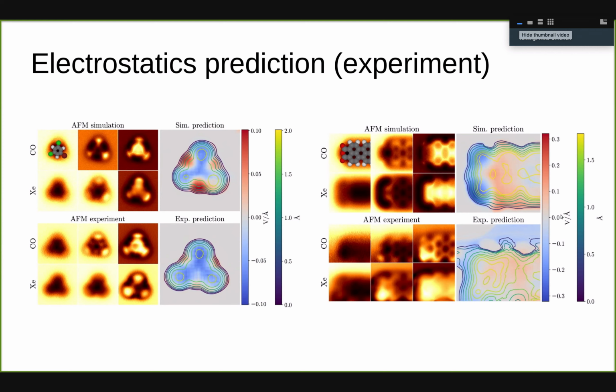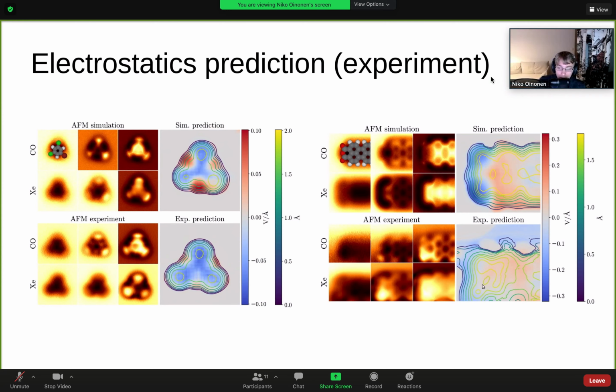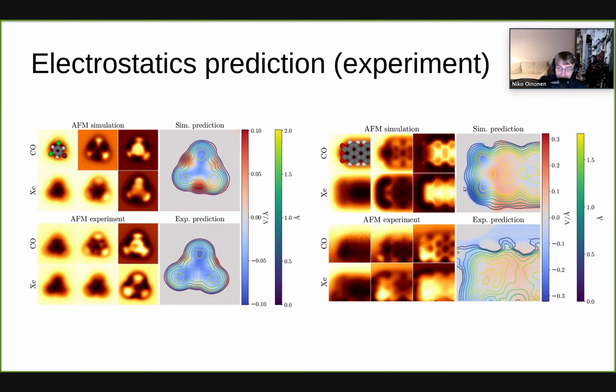Quantitatively, it's not quite as good as the other case: the predicted field is somewhat weaker in the experiment, by about a factor of roughly 2 around the oxygens.